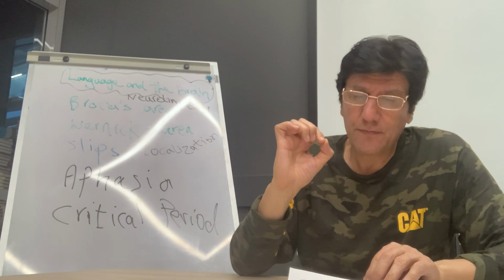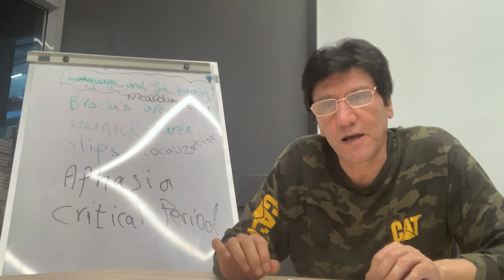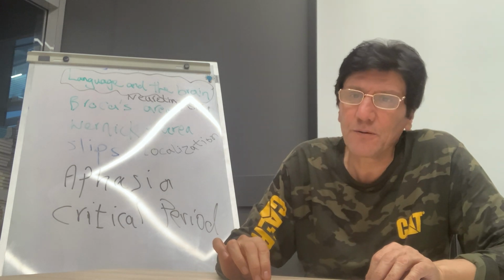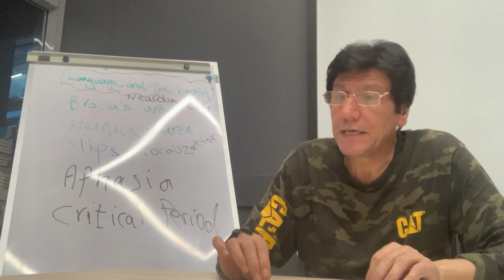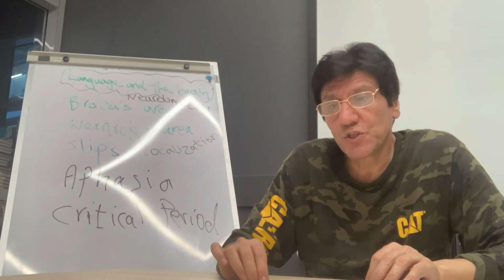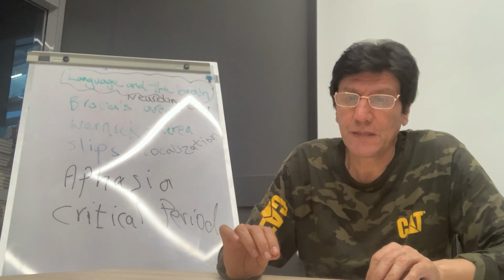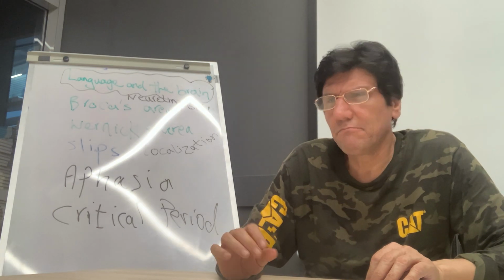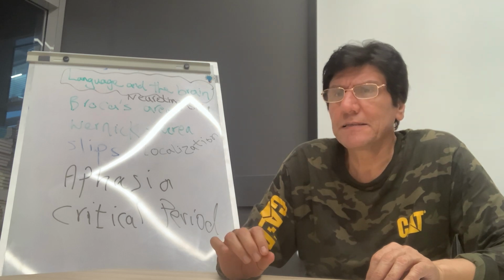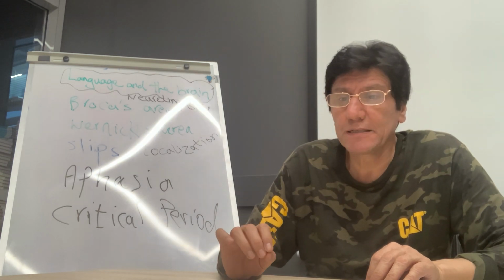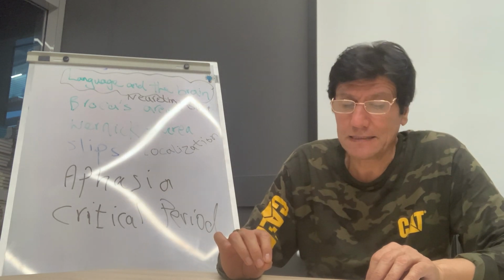So there is a relationship between the concept of lateralization and the critical period. The critical period is the period at which the lateralization takes place. It's probably from around 4 or 5 to 13 years old, and that is the most appropriate time for language learning because the lateralization is taking place.